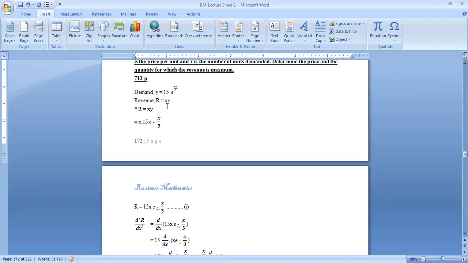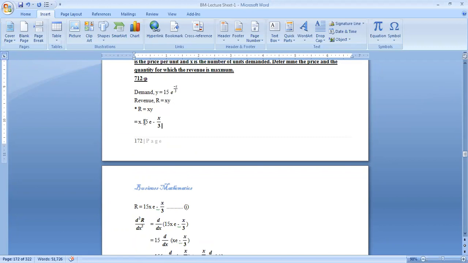And revenue R equals what? Revenue is x times y: price per unit and the number of units demanded give the total revenue. Now R equals xy.